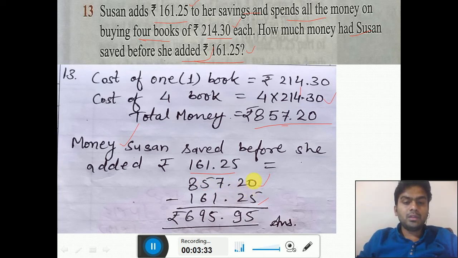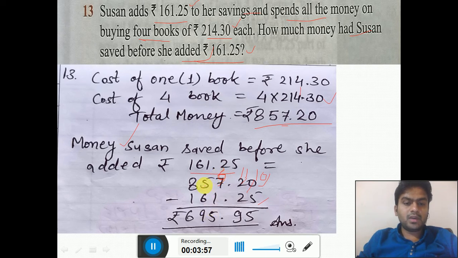857.20. Now this number will become 0, from 0 to 10, and this number will become 1. Now 10 minus 5 equals 5. Now we have to borrow 1 from here, 6, this number will become 6, and this number will become 11. Now 11 minus 2 equals 9. Now this number is 6. 6 minus 1 equals 5.